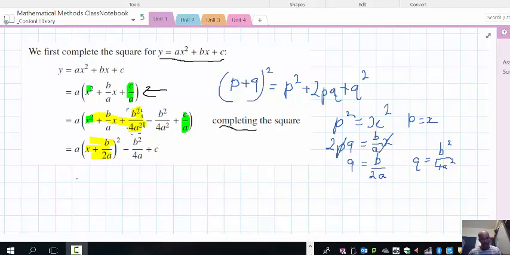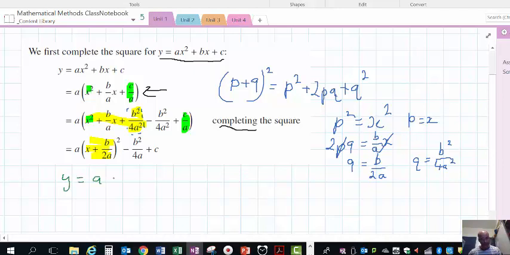Recalling our turning point form, okay, we've got y equals a outside of x minus h all squared plus k. So you can see some parallels there. The h for the turning point would be this bit here. So to get it a plus, it must be negative b on 2a.